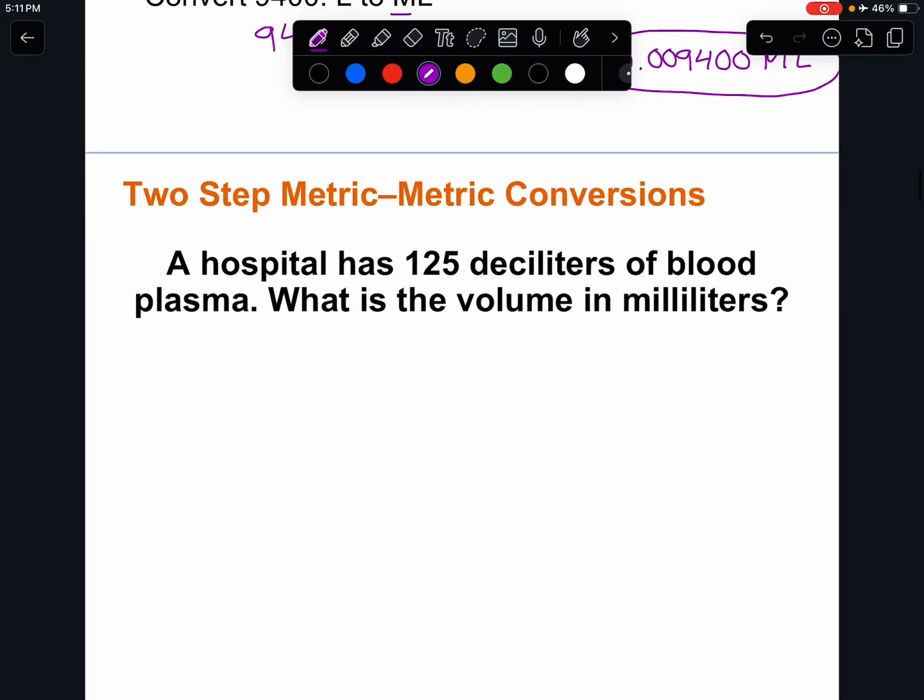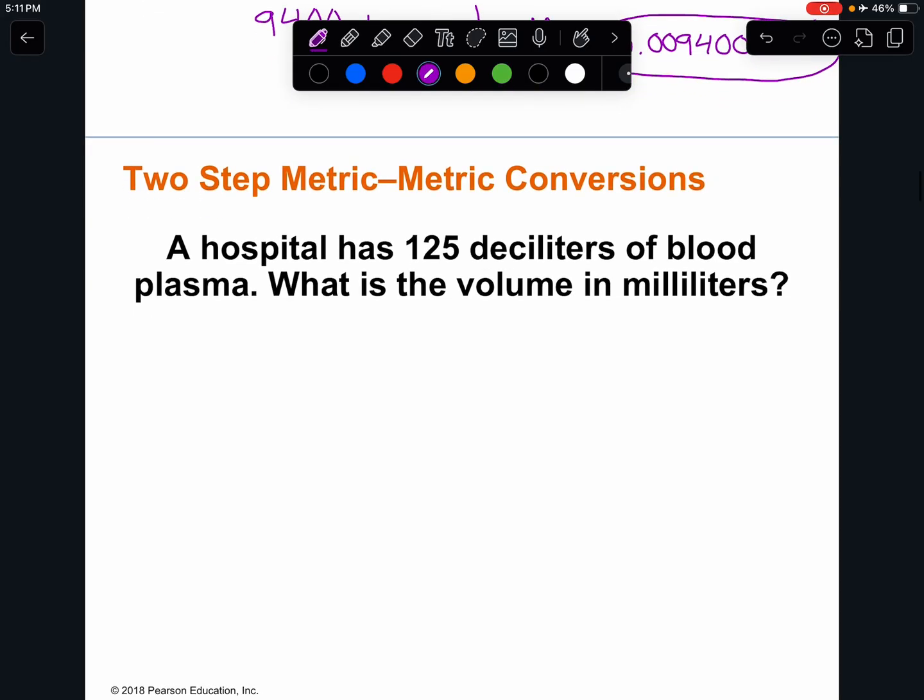Now we're going to make this a little more difficult and do 2 steps, which is what we're more going to see. So a 2-step problem involves going from a metric prefix like deciliters and ending in another prefix unit, because it has something in front. So this is going to be 2 steps, so let me demonstrate. So we're going to start with 125 deciliters.